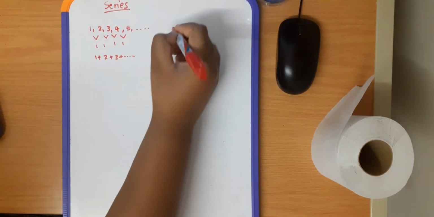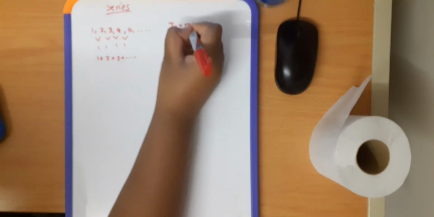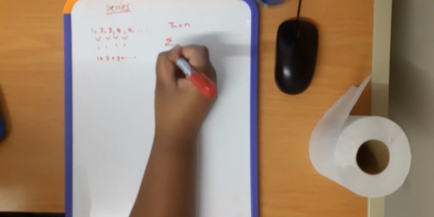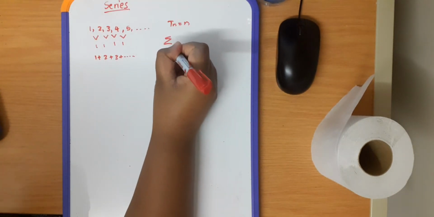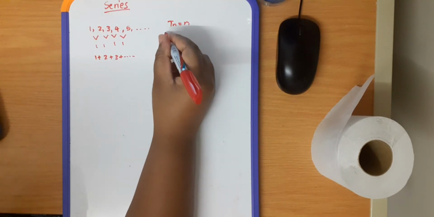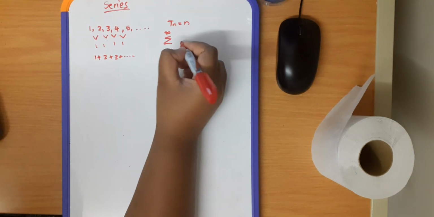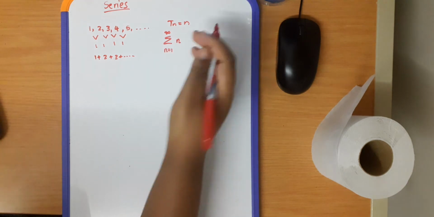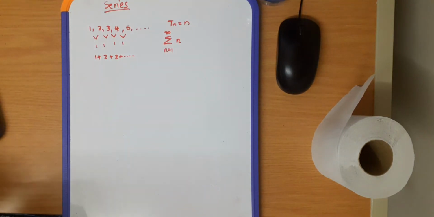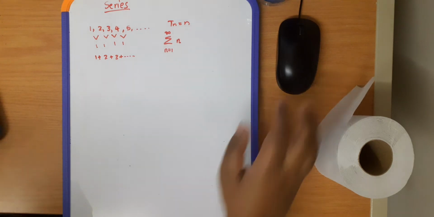The addition will be represented by the sum of Tn, n equals 1 to infinity, because they don't tell us how many numbers we are adding, and you will just have to find that, and probably use infinity because it approaches infinity.